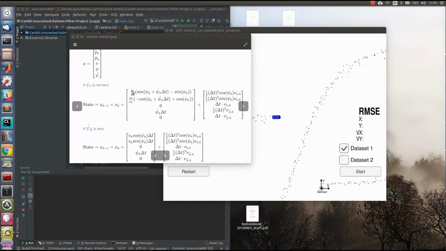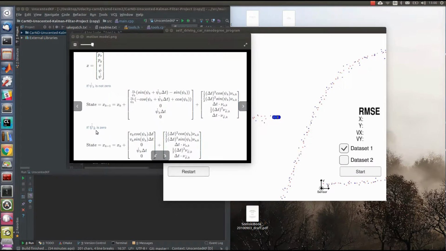From this dynamic model, we can see that here is a velocity divided by the angular rate. In the case of zero angular rate, it means that we have a straight motion. It will cause a problem because we divide by zero. So before applying this dynamic model, we should check if we have a straight line motion or not.